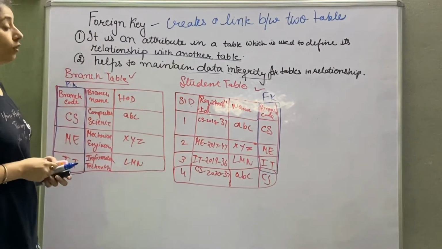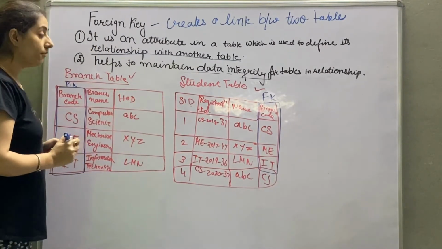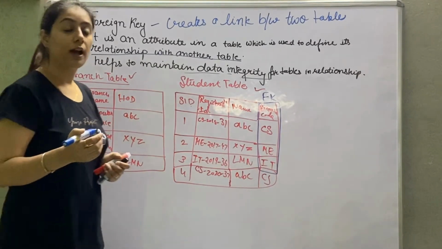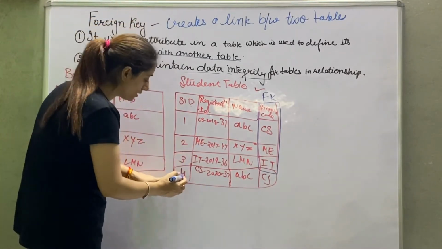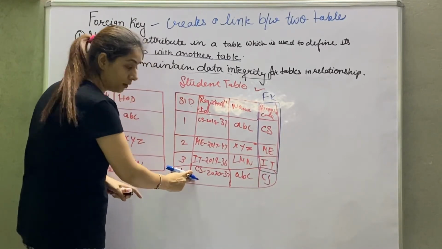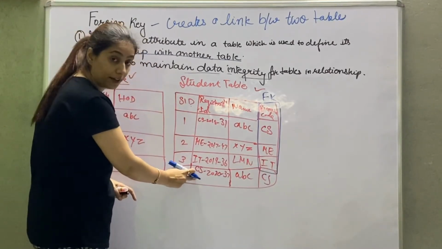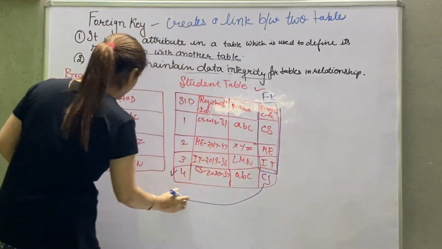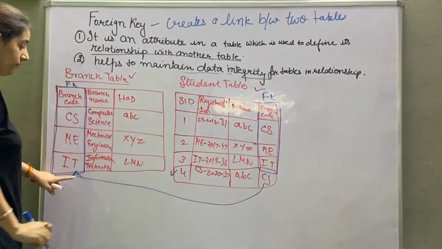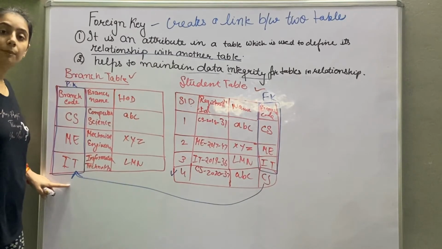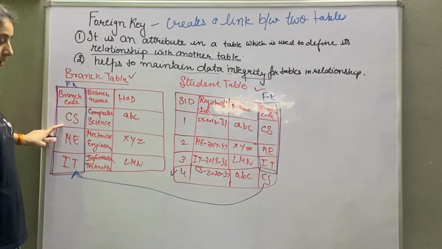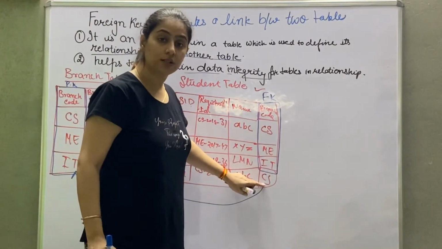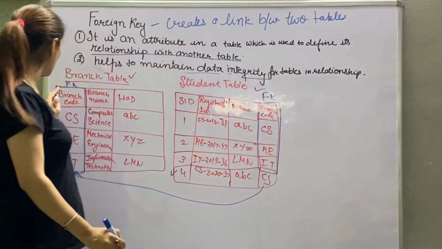Okay, now the concept is, whenever I have to do the entry, now just I have added this entry right now. So what this will do, it will refer the primary key here in this table, that is, is this CS computer science branch code existing here?